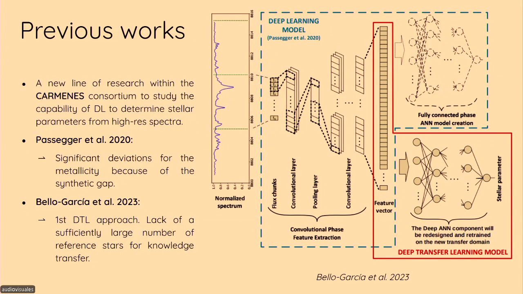As you can see in the red box, what they did is to take the feature vector extracted by the convolutional neural networks of Passegger et al. 2020, but they trained again the last block of the network, the artificial neural network block, with high quality stellar parameter measurements. And they achieved good results again, but they had a very big constraint, and it's that they lacked a sufficiently large number of reference stars to do this transference of knowledge.